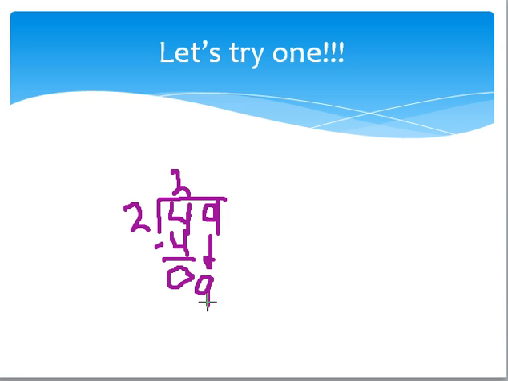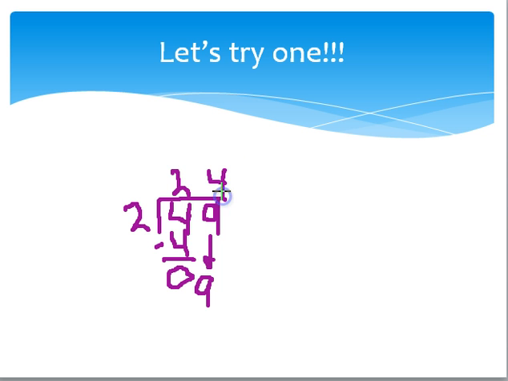In other words, 2 times what gets the closest to 9 without going over? 2 times 3 is only 6, but 2 times 4 is 8. 8 is 1 less than 9, but if you do 2 times 5, it'll equal 10, and you can't go over 9. So you must put down the 4.